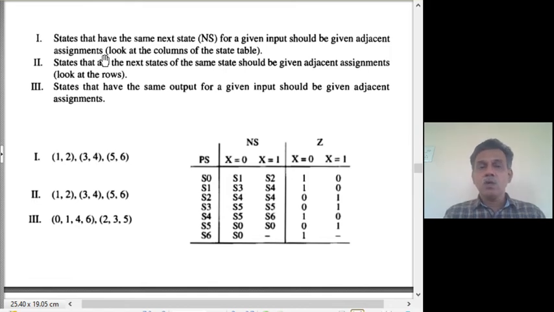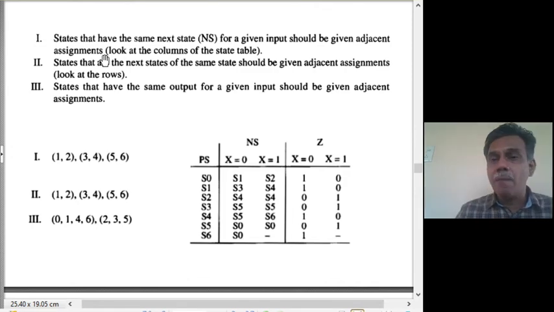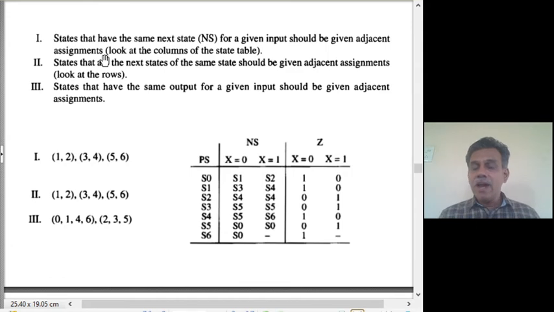When we say their Hamming distance is less, we will later on use a K-map like formalism to do the encoding. We have to place the encoded values of those states in adjacent squares in that K-map. That is what we mean by adjacent assignment. By adjacent assignment, we mean assignment of encoding to those states so that their Hamming distance is less.